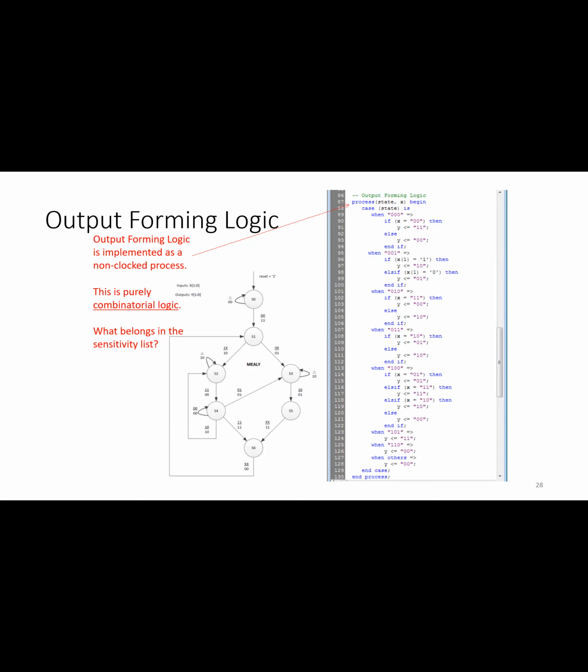Yes. In a Moore machine, the output only depends on the state you're in. In a Mealy machine, the output you get depends not only on the state, but the input value. Excellent.